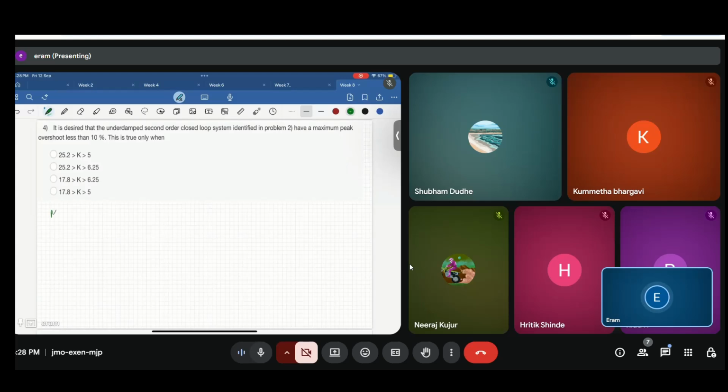We want the maximum peak overshoot in percentage to be less than 10%. And what is the expression for maximum peak overshoot? It is equal to e to the minus pi zeta by under root 1 minus zeta square, and it should be less than or equal to 0.1 if we remove the percentage.